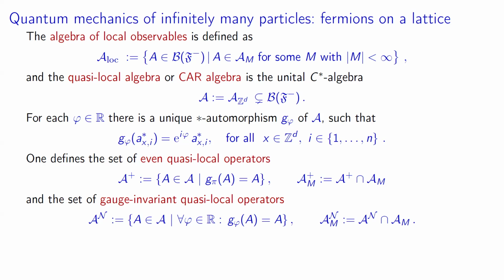And this is just a different way of saying that I have the same number of creation and annihilation operators in each monomial, so that the phases cancel, which just means that they commute with the number operator. But in this setting, it's not so easy to say what it means, so we formulate it in this way. So A_N are those operators that don't create or annihilate particles, and A_+ are the even ones.